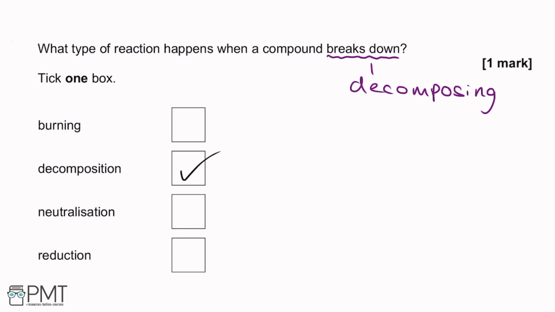Okay, so in chemistry, we use this term decomposition to describe a reaction when we are breaking down a compound. Decomposition also means when something is rotting or decaying. So that's a little link you could have made there as well.